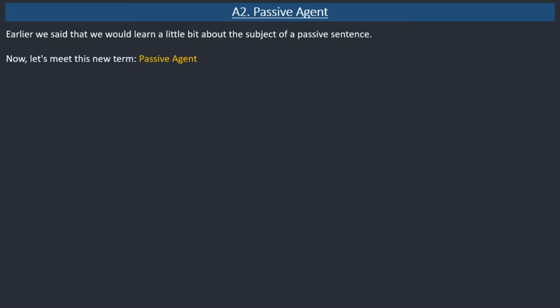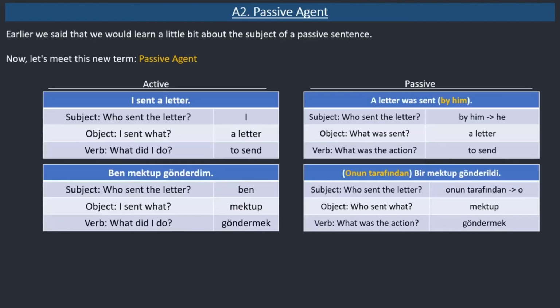And the same comparison again, like this. I sent a letter, a letter was sent by him. Ben bir mektup gönderdim. Onun tarafından bir mektup gönderildi.